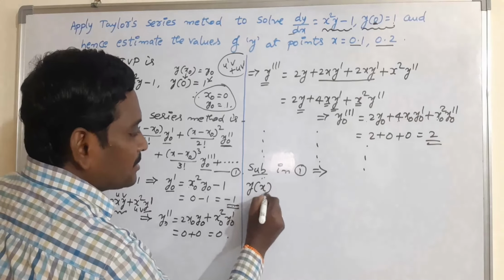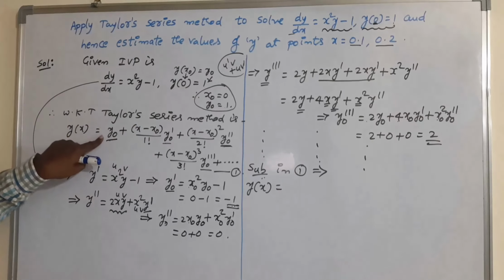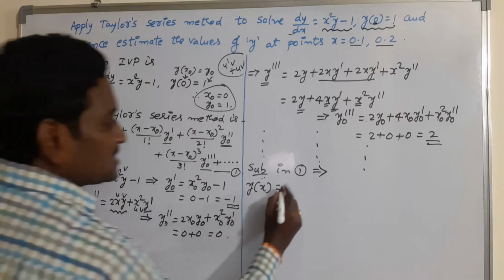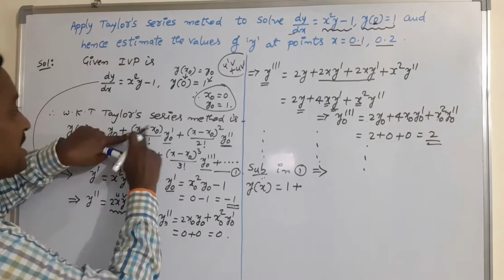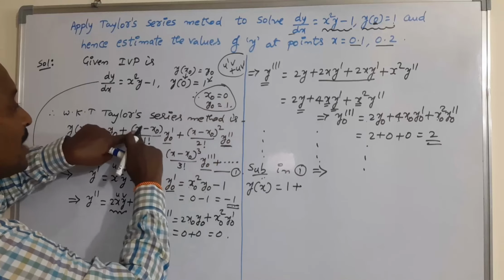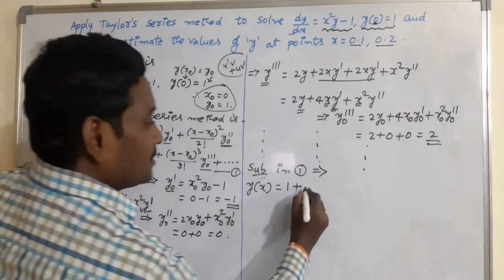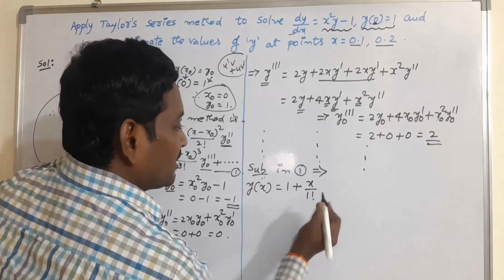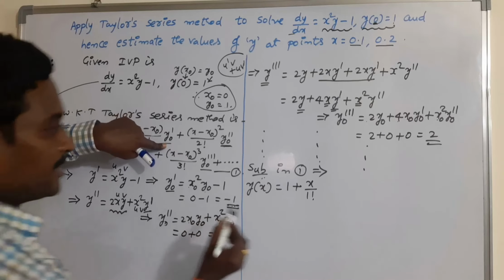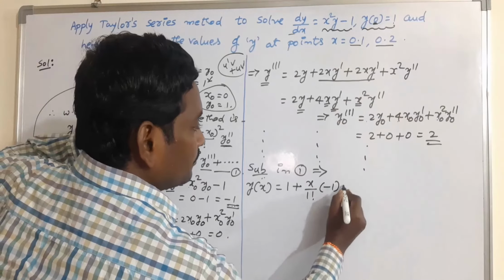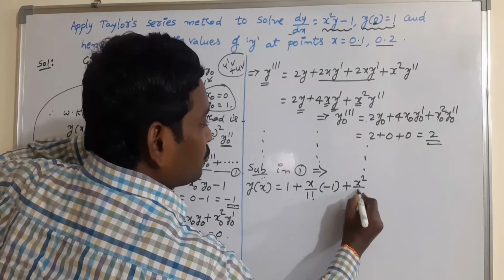So y at x is equal to, the very first term is y naught. y naught is provided as 1 plus x minus x naught. What is x naught? 0. So x minus 0 is only x. x by 1 factorial into y naught dash. So we got y naught dash as negative 1 plus x square by 2 factorial.